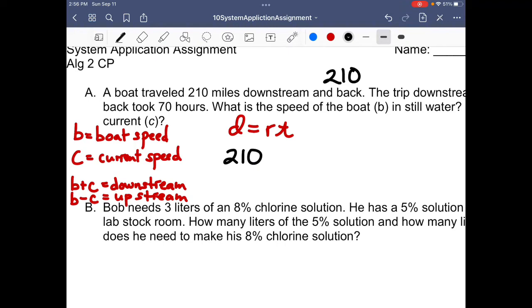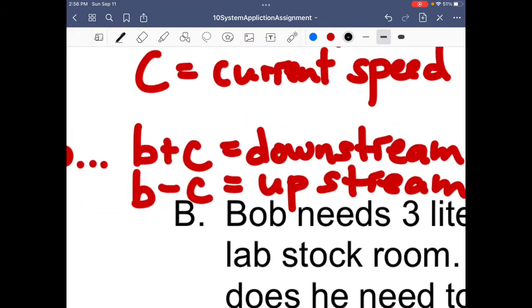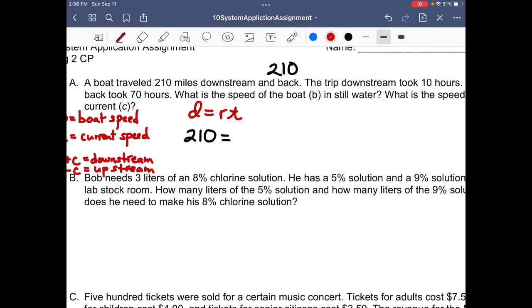So this is going to be my downstream distance along with my downstream rate. What's my downstream rate? That's right, it's B plus C. So my rate is actually going to be a combination of B and C. And my time, well, we just grabbed that out of the paragraph, was 10 hours. And all of a sudden, we have an equation.